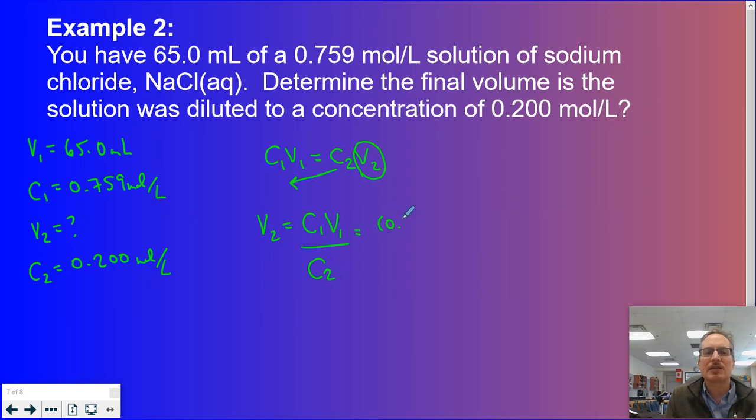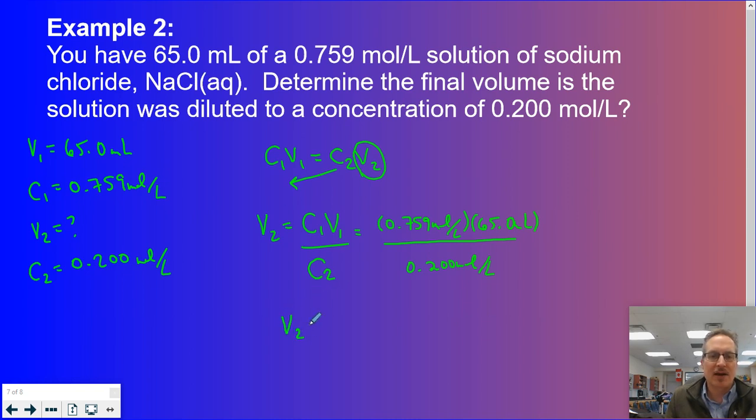So we're going to take 0.759 moles per liter, multiply it by 65 milliliters, divide it by 0.2 moles per liter. So 0.759 times 65, enter, divided by 0.2, enter. Again, 3 sig digs.